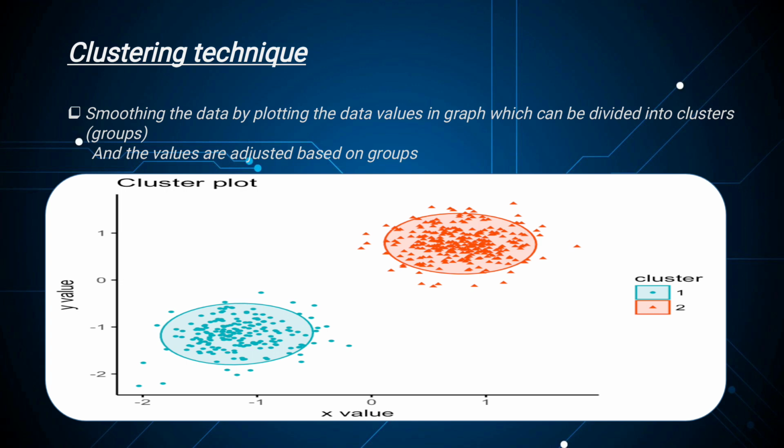We group the data as clusters, and then reduce the distance and combine the points with their clusters. Smoothing the data by plotting the data values in a graph, which can be divided into two clusters in the given diagram, and the values are adjusted based on the groups.